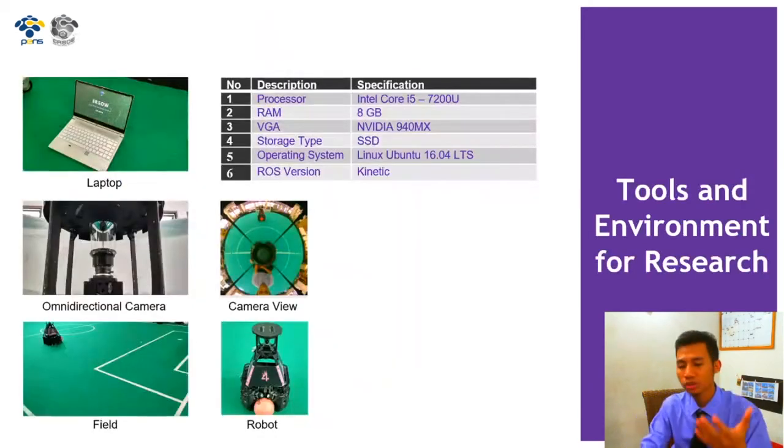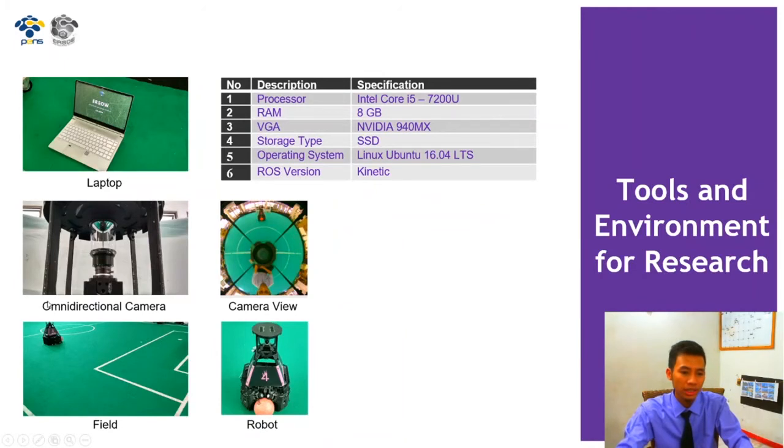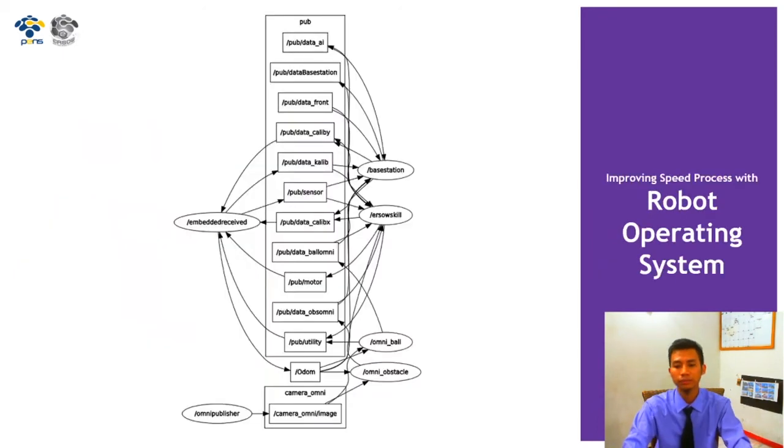So these are the tools and environment for my research. The first is the laptop, and there are the omnidirectional camera as input, the field, and then the robot. This is the graph of the Robot Operating System.